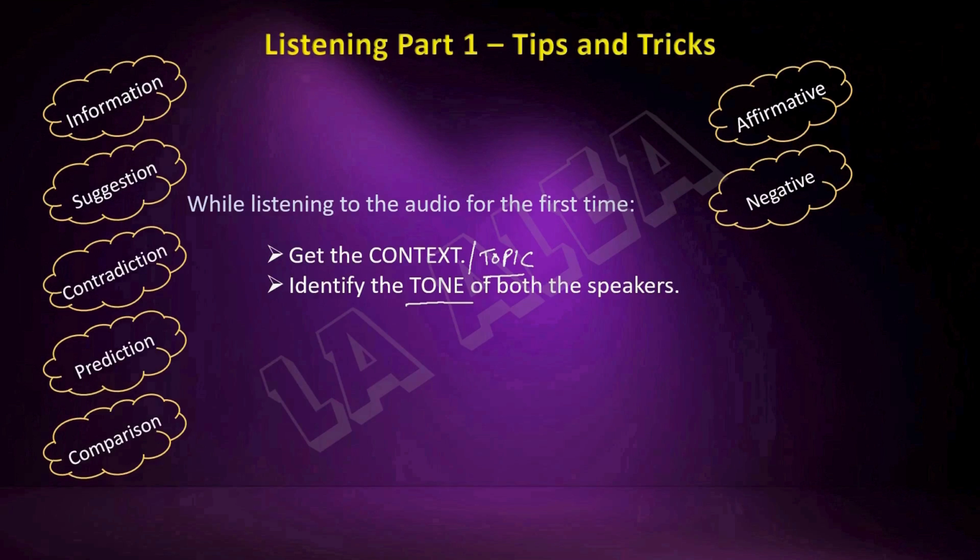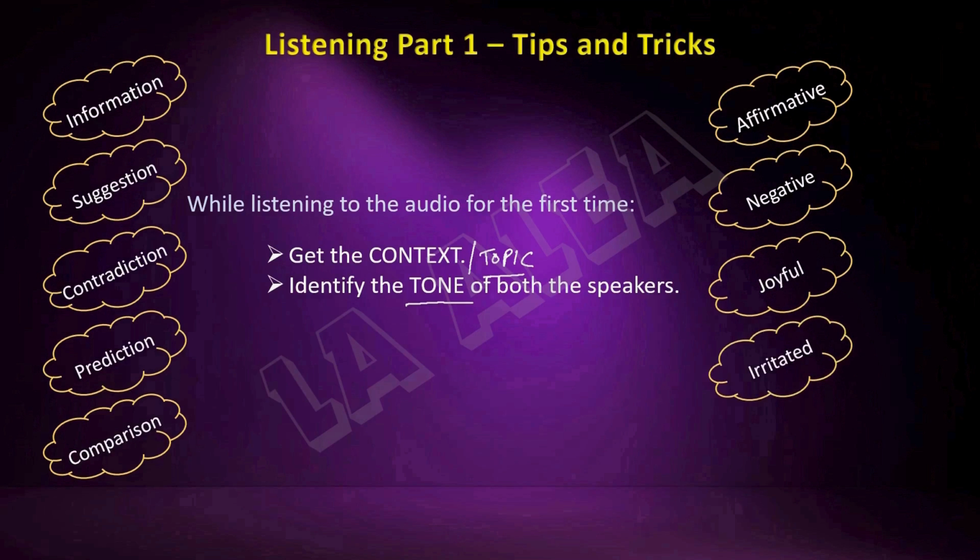Sometimes they can reject that idea. Similarly, we can easily understand whether this person is happy with that idea or information or not, so he is positive about it or not. Also, we can understand with the tone whether he is irritated with this particular information, concept or idea.